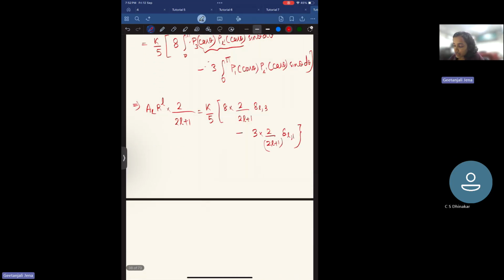So only a few steps left. We have now A_L is (2L+1)/2 to the power L, K by 5, [16/(2L+1)] δ_{L3} minus [6/(2L+1)] δ_{L1}.